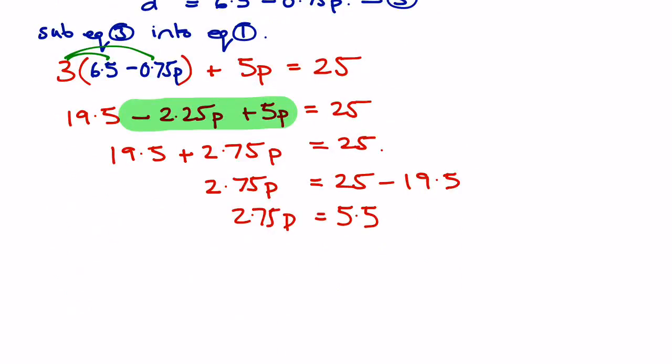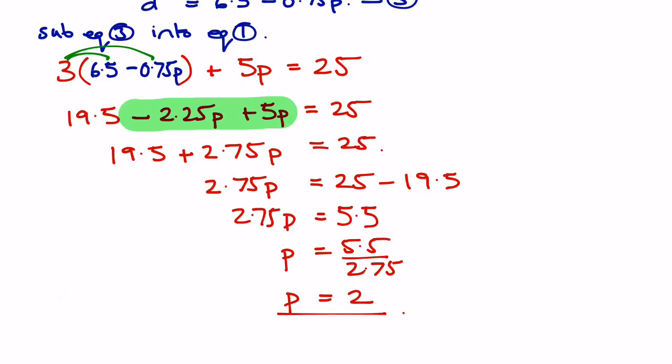And to get rid of the 2.75, we need to divide both sides by 2.75, which gives us 5.5 divided by 2.75, which means that P is equal to 2.